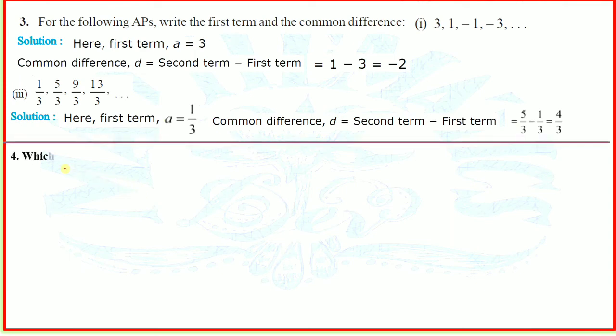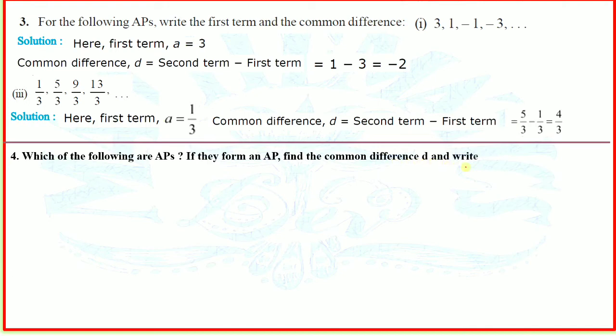Next question 4. Which of the following are APs? If they form an AP, find the common difference d and write 3 more terms.